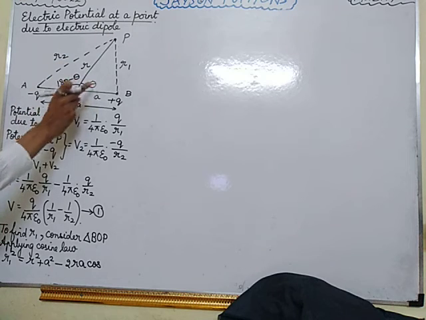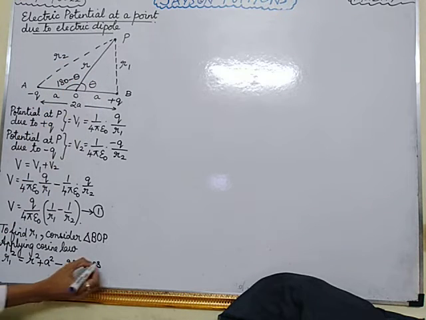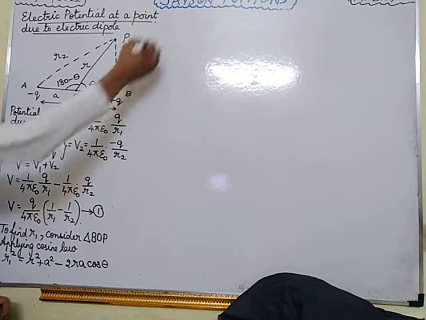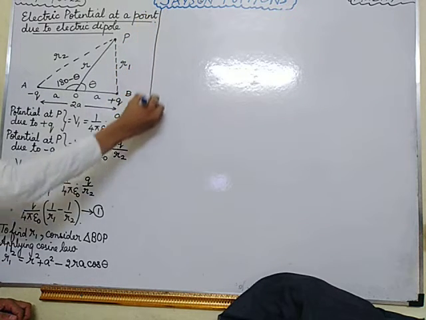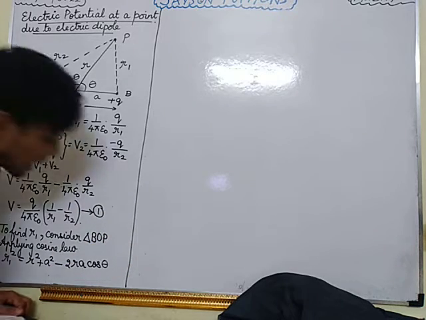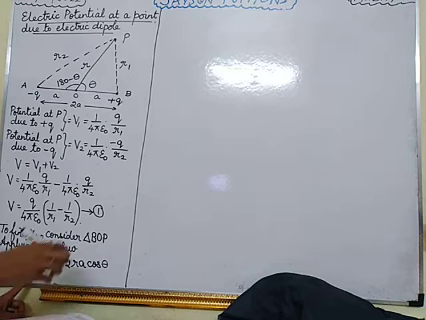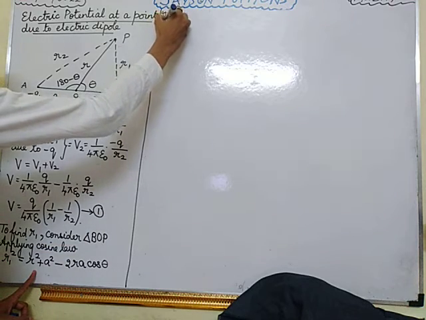Here in this triangle, the angle is theta, so I am writing cos theta. Understood? Now in this I am going to take R square commonly outside.